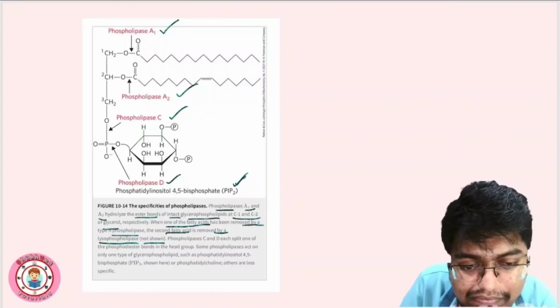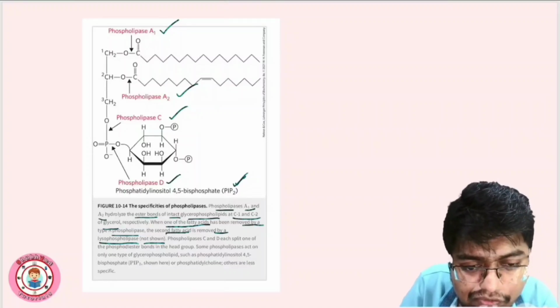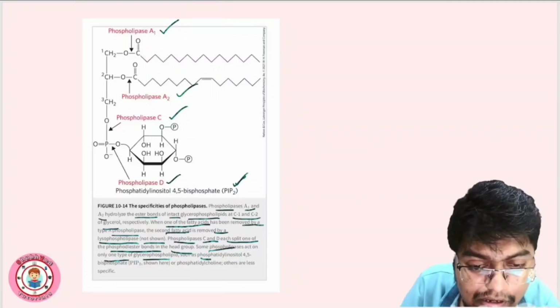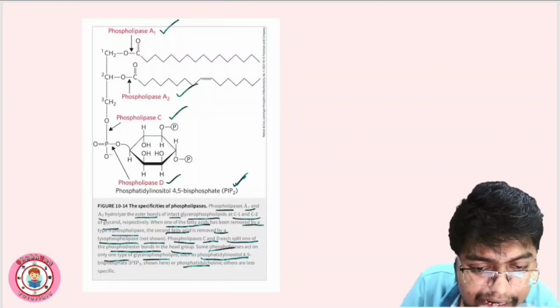So there is one more phospholipase in the action, lysophospholipase. Phospholipases C and D each split one of the phosphodiester bonds in the head group. Some phospholipases act on only one type of glycerophospholipid, such as phosphatidylinositol 4,5-bisphosphate shown here or phosphatidylcholine.